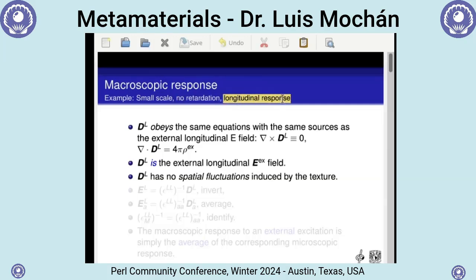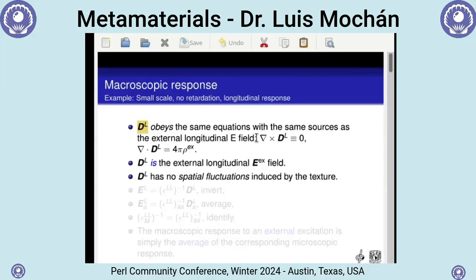And we'll pay attention to the longitudinal response. So maybe you know that any vector field can be separated in two parts, a longitudinal projection and a transverse projection. So what I want to look at now is the longitudinal projection of the displacement field.